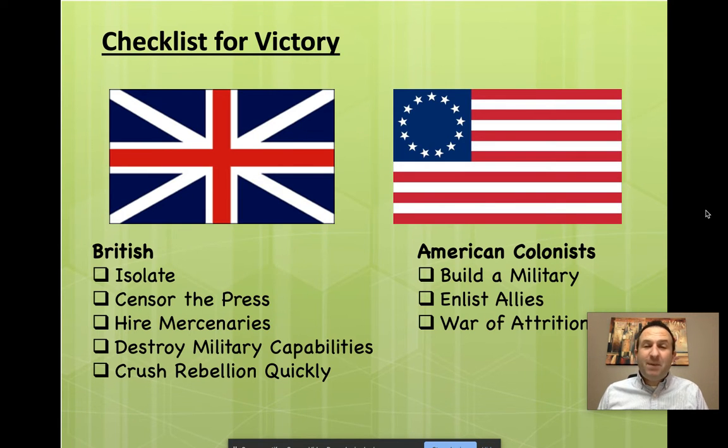They were trained, but not very well trained. His troops could not stand toe-to-toe against the most powerful military in the world, the British trained army, the British regulars. And therefore, George Washington minimized direct contact, or direct combat.